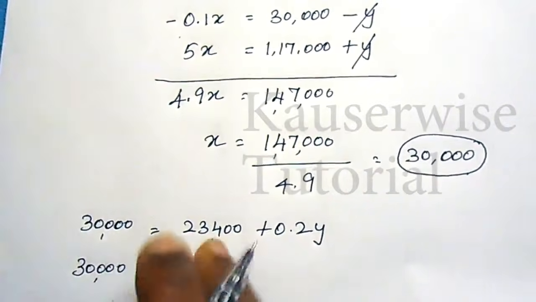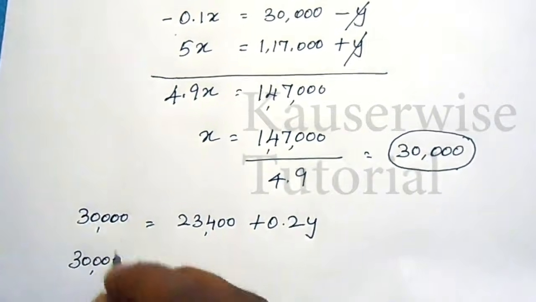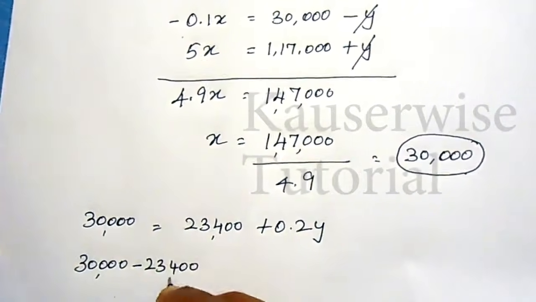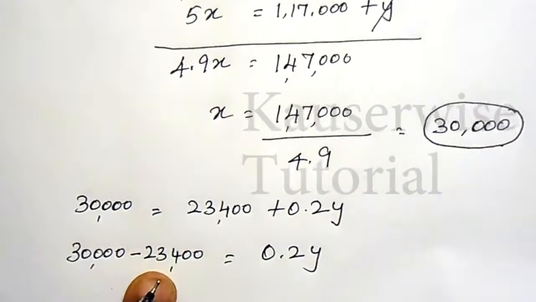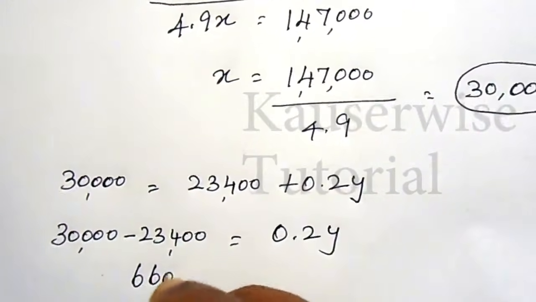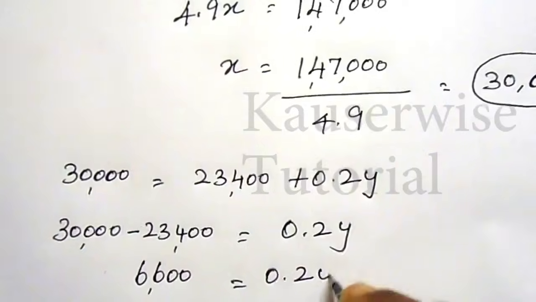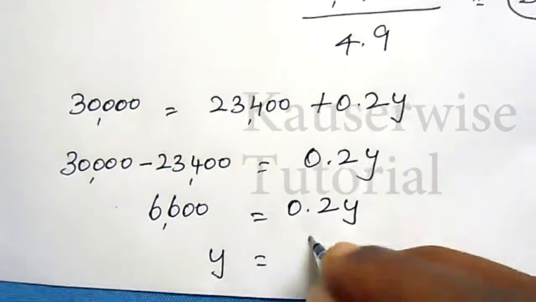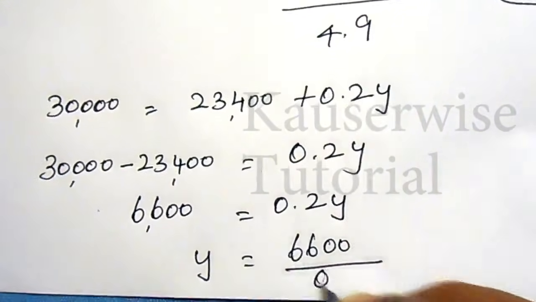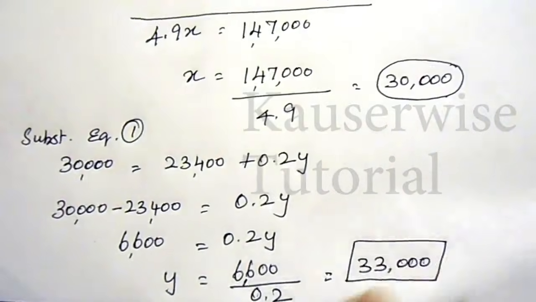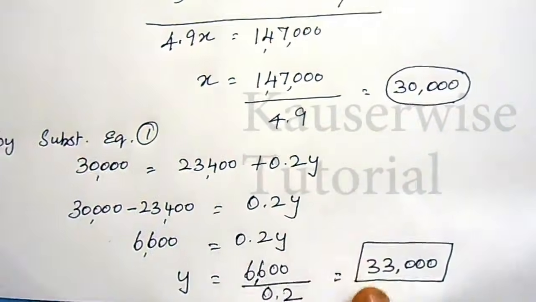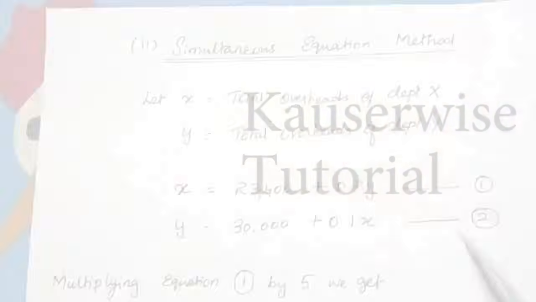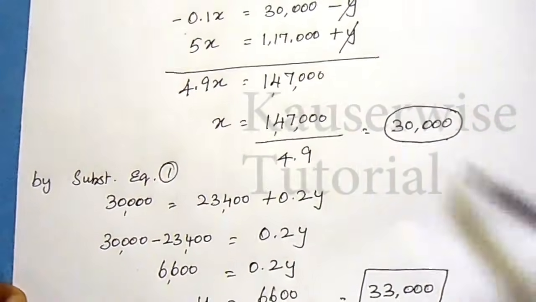Take 23,400 to this side, so you get minus 23,400. 30,000 minus 23,400 is equal to 6,600, which is equal to 0.2y. So y is equal to 6,600 divided by 0.2. According to this calculation, the y value is 33,000. That is, by substituting 30,000 in equation 1, we get the y value as 33,000. According to the simultaneous equations, we have got the x value and y value as 30,000 and 33,000.